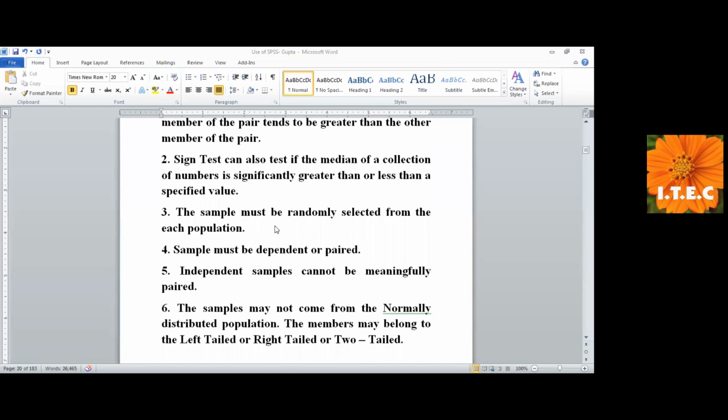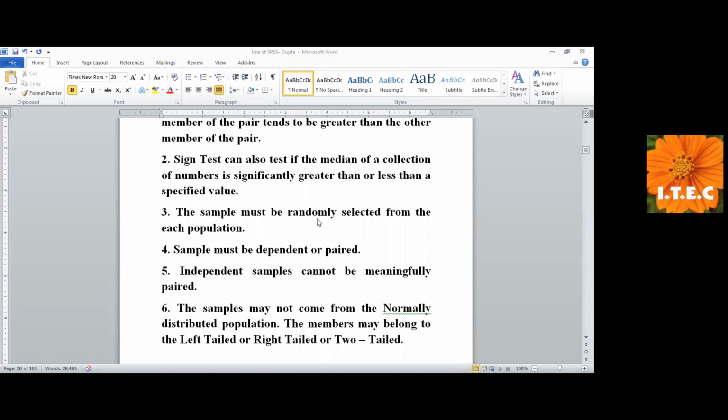Random means each member will have an equal chance to be selected. So if it is a homogeneous group, then this condition is satisfied. If your group is heterogeneous, then this condition is not satisfied. So that is what you should understand.